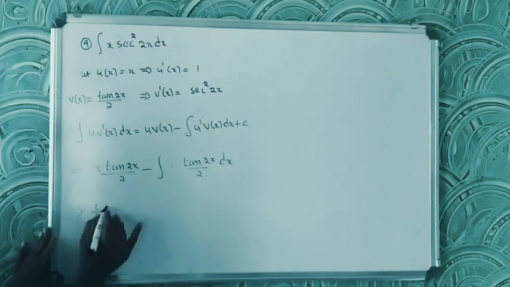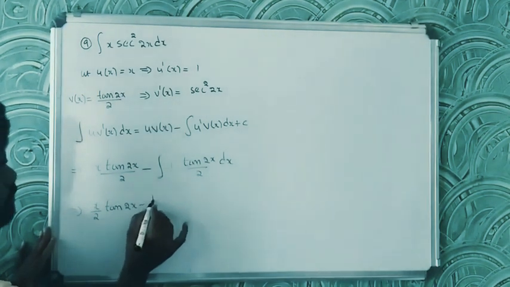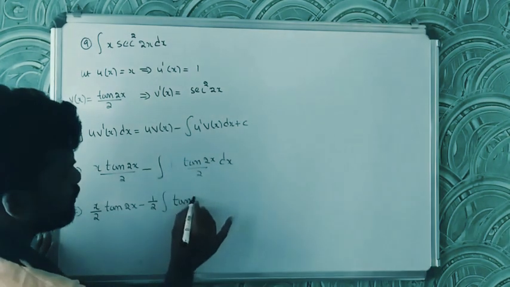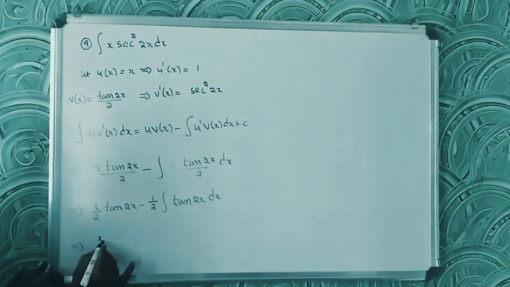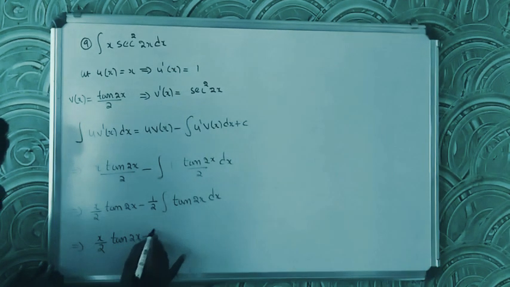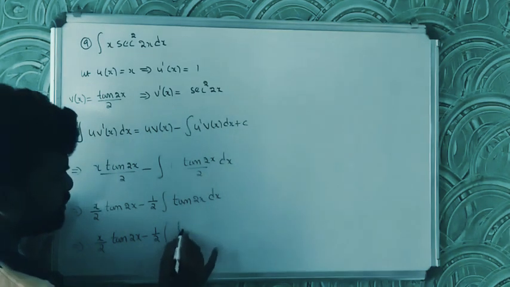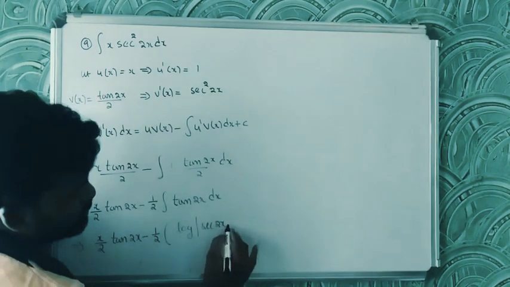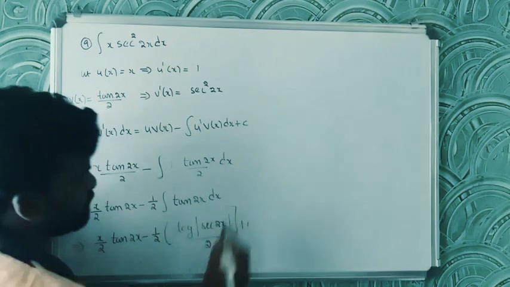So x by 2 tan 2x minus, 1 by 2 is the constant remaining, integration of tan 2x into dx. So x by 2 tan 2x minus 1 by 2 into integration of tan x, which is log mod secant x, that means log mod secant 2x by 2, plus c.